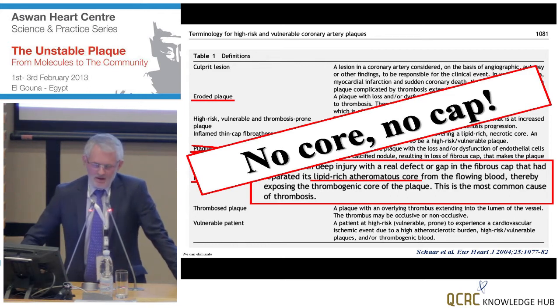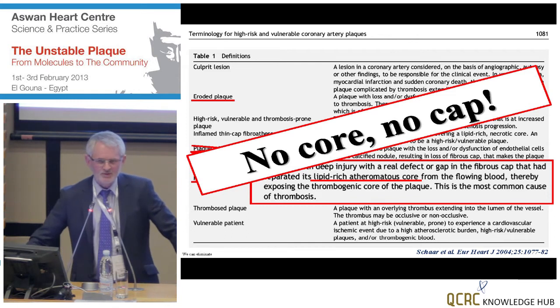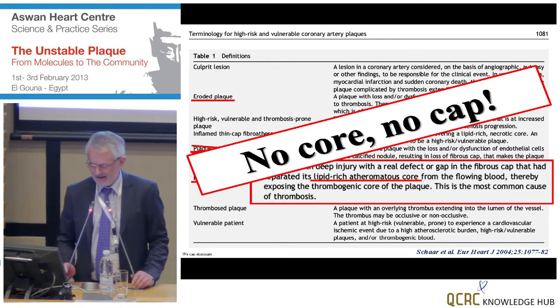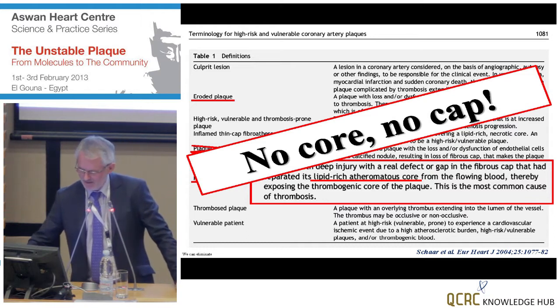Plaque rupture, how is it defined? You have the definition here. A plaque with deep injury, with a real defect or gap in the fibrous cap that had separated its lipid-rich atheromatous core from the flowing blood, thereby exposing the thrombogenic core of the plaque. This is the most common cause of thrombosis.